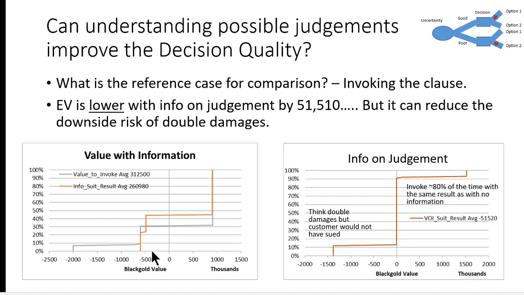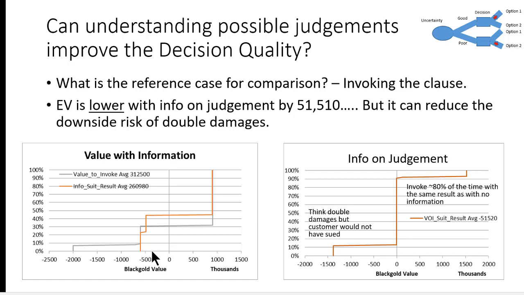So how can we look at the possible outcomes of the judgment? That is, would we win, normal damages, or double damages? First of all, we have to ask, what is the reference case? Well, the reference case should be the best alternative with no information. Well, that was invoking. So our best case is invoking the clause, not invoking.